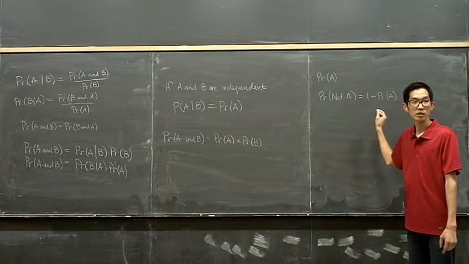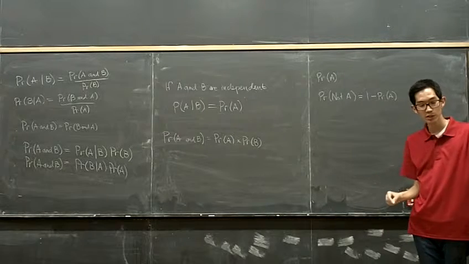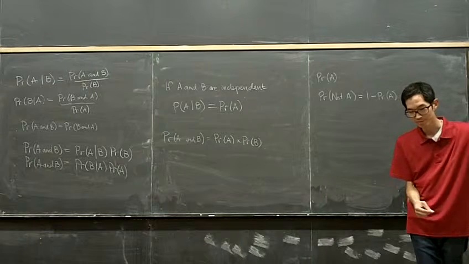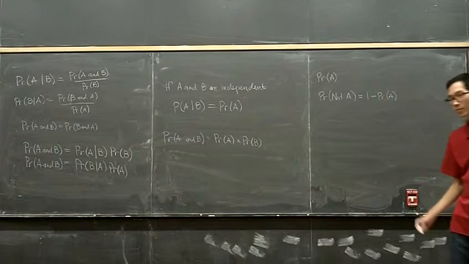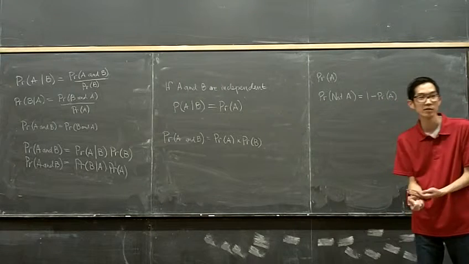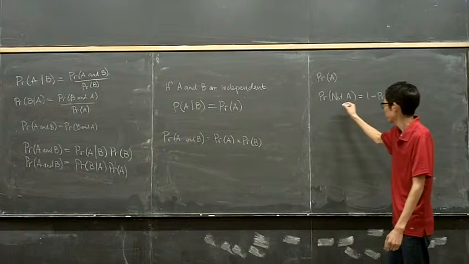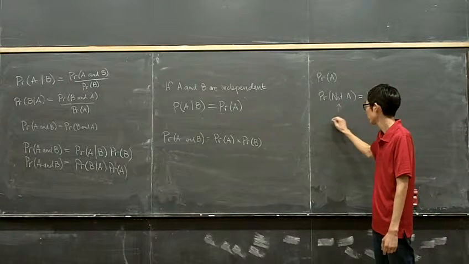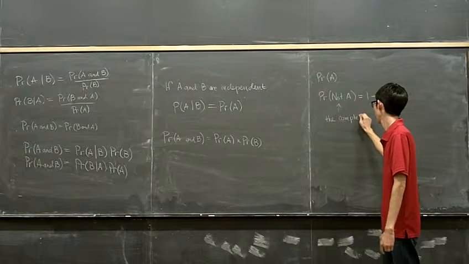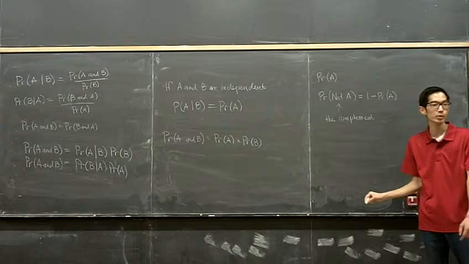So, if there's a 99% chance that something happens, there's a 1% chance that it doesn't. We call this the complement, with an E, as in complete.